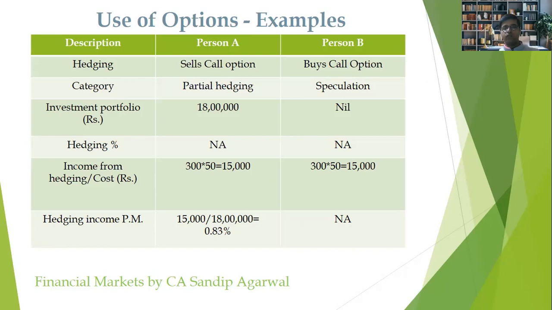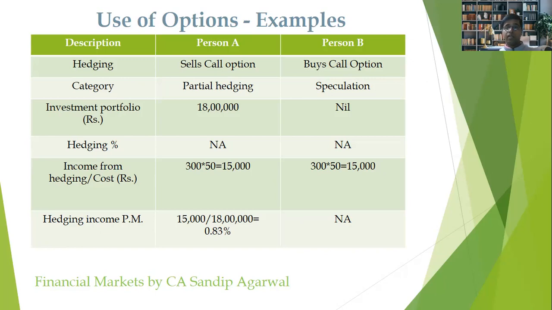It will move only plus minus 1%. So what he can do is sell a call option, the 18,000 strike call option, which is trading at 300 rupees. Quantity is 50, so he will receive 15,000 rupees by selling a call option, which turns out to 0.83% on his portfolio.